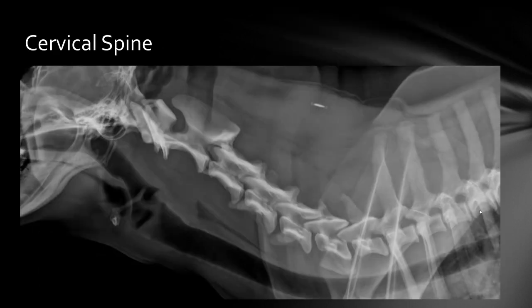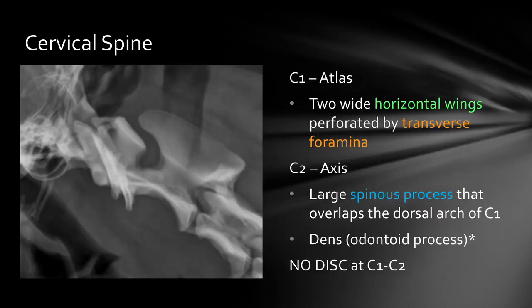So looking at the cervical spine, this is a lateral view of a cervical spine in a dog. And what we are going to look closer at here is the cranial cervical spine that has some very unique features. So the atlas, the first cervical vertebra, C1, has two wide horizontal wings that on a lateral view are superimposed with each other.